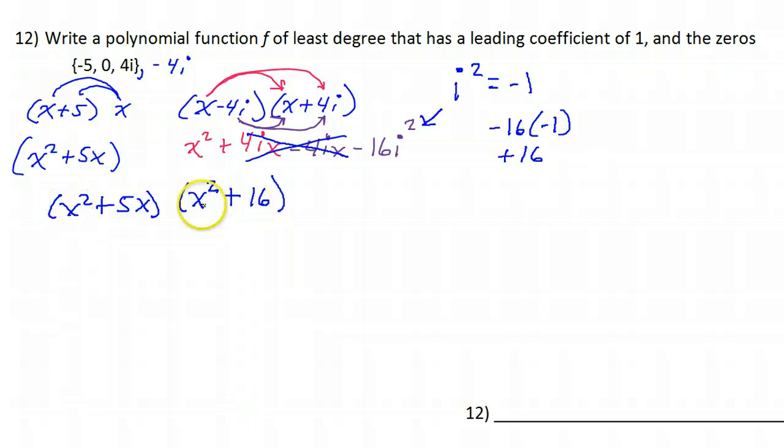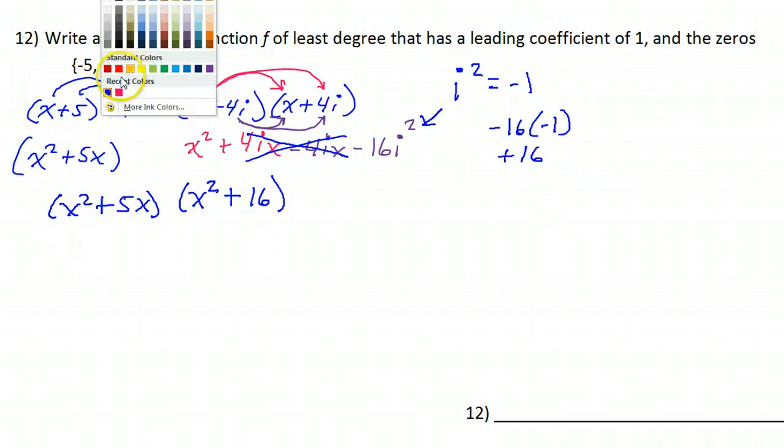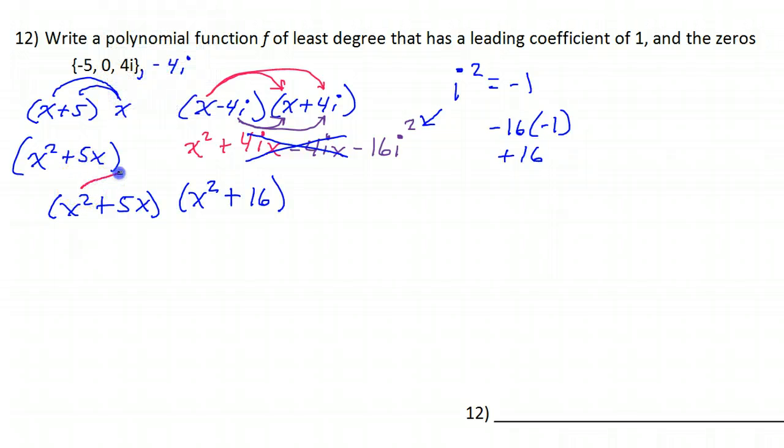Okay, so once again I need to multiply all of this together, and that should give me my polynomial. I like to color code this. So I'm going to multiply x squared by these two guys. x squared times x squared is going to give me x to the 4th power. x squared times 16 is going to give me 16x squared.